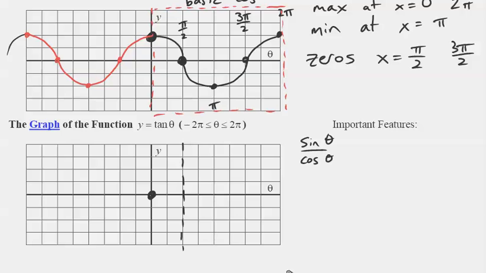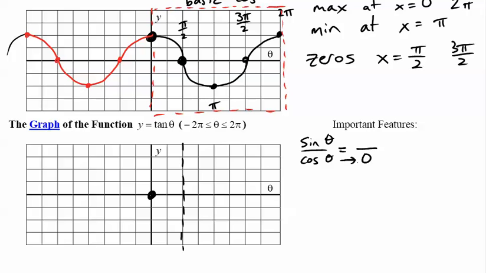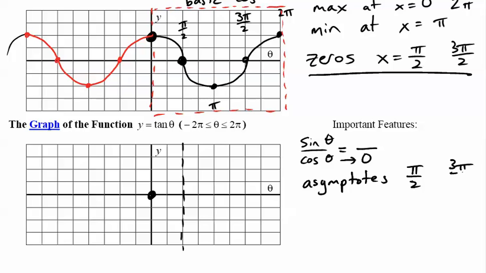So there's asymptotes. Whenever cosine is 0, there's an asymptote. So the asymptotes will happen at the same places where cosine is 0. Pi over 2, 3 pi over 2. Whenever cosine is 0, tangent will have an asymptote.